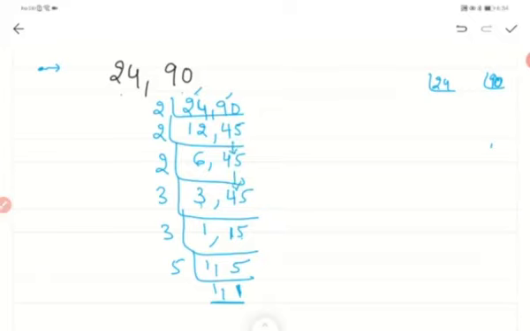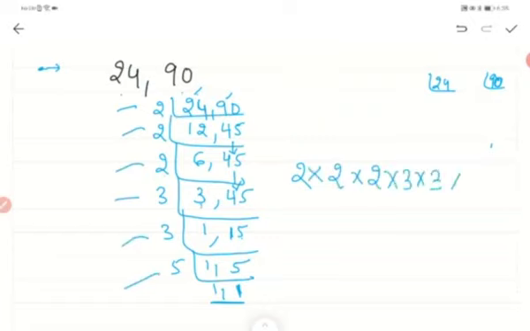Okay, all right, so now what you need to do is multiply all these prime factors. You will get the prime factors of both 24 and 90. So 2 into 2 into 2, three times you have 2, and 3 two times, into 5, into 1.